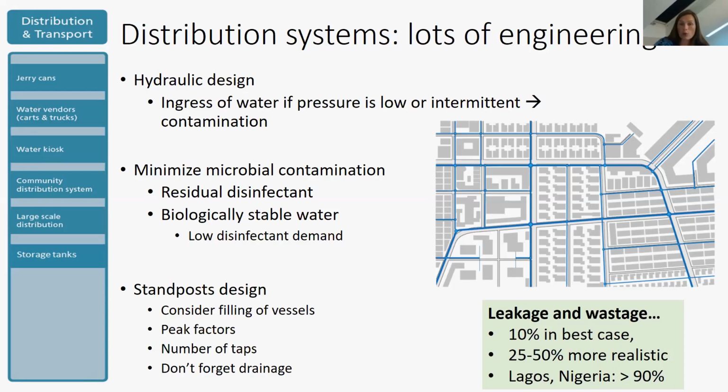In the European context, this is between 10–15% in the very best case. Usually the wastage and leakage is over 20%, sometimes even up to 50%. And in some places, for example Lagos in Nigeria, 90% of water supplied to the distribution network is wasted in the distribution network.